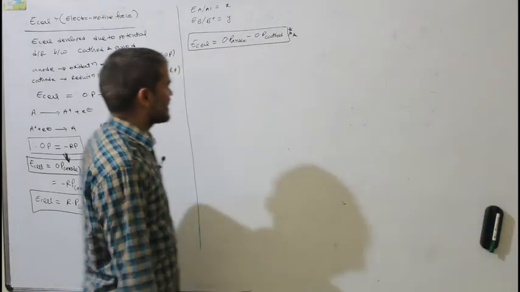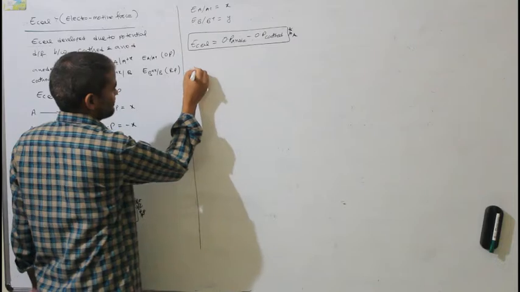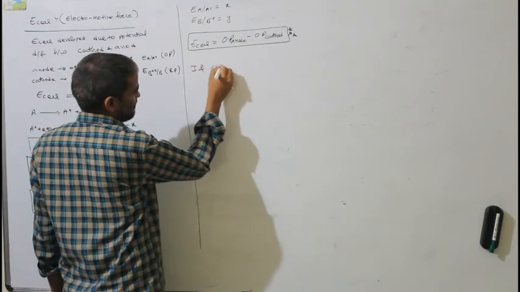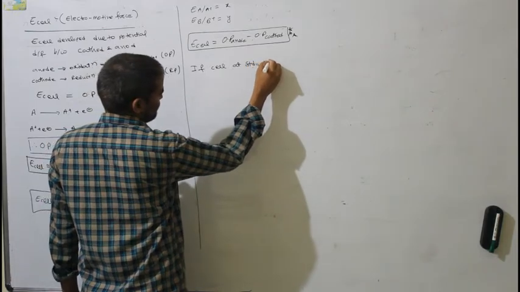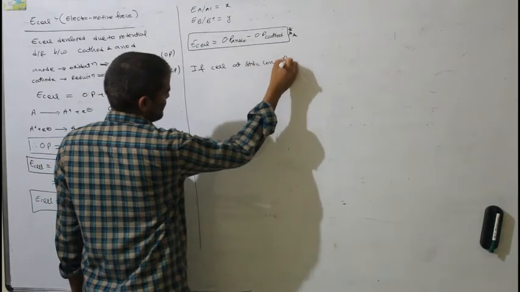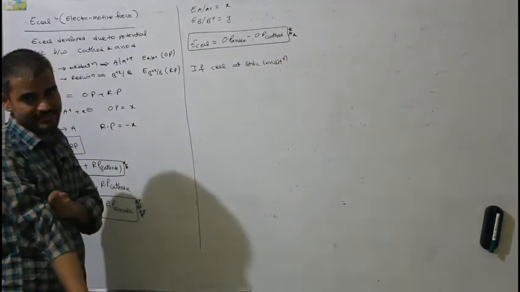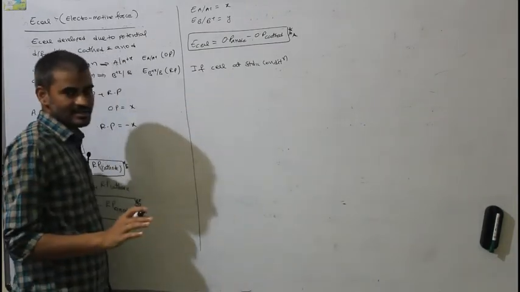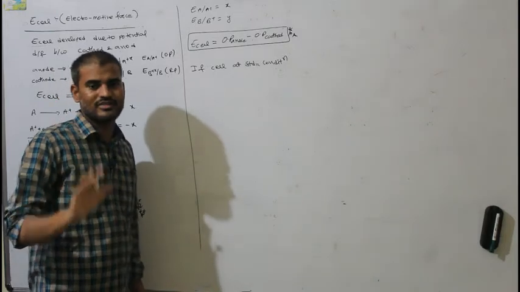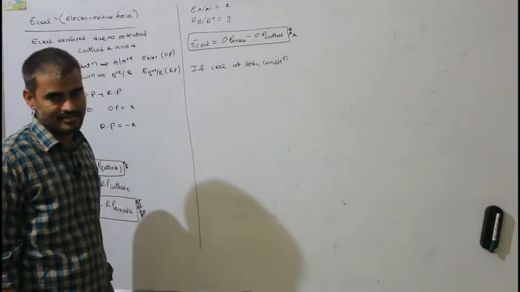The same formulas will come if the cell is at standard conditions. Standard condition means what? At 1 molar concentration, 1 atmosphere pressure, 25 degrees Celsius will be called standard condition.